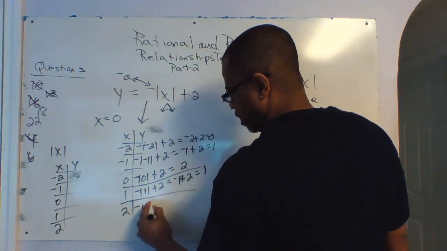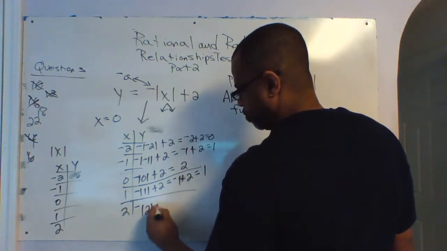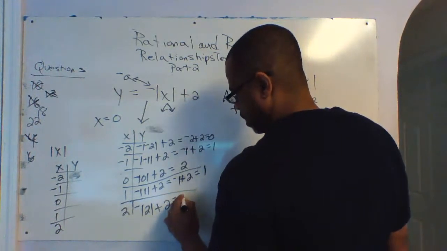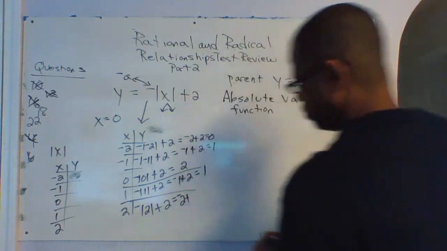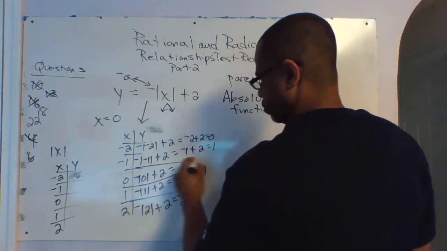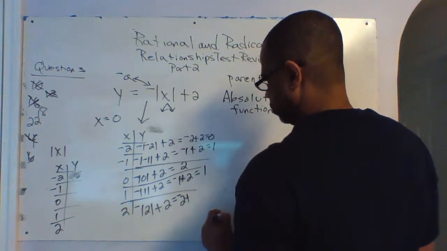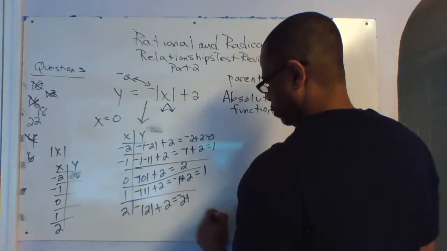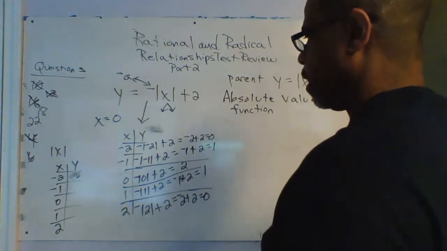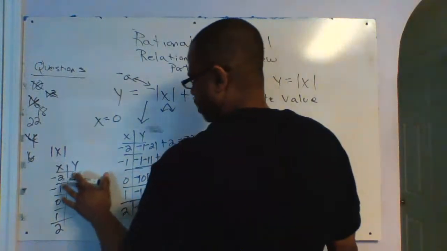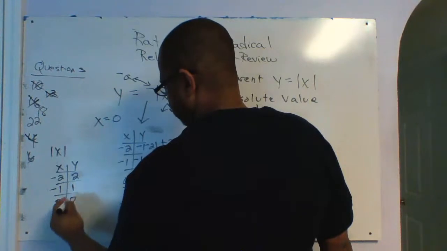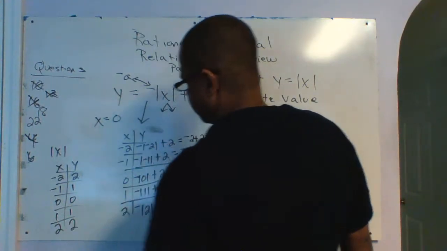That's negative absolute value of -2 plus 2, but we know that's just -2 plus 2, which is going to be 0. Now if I was doing the parent function, this would just be 2, 1, 0, 1, and 2, right?